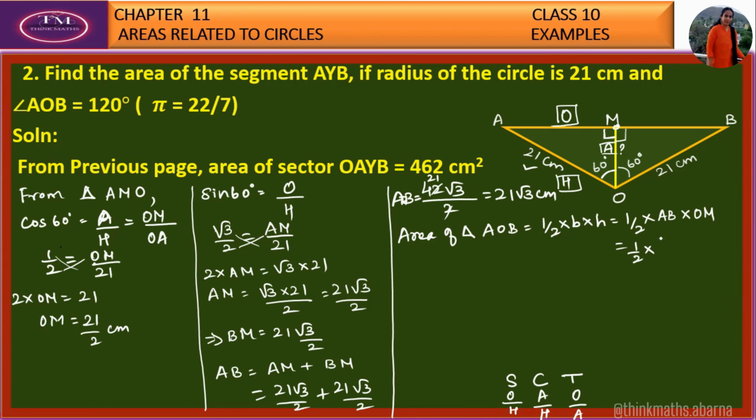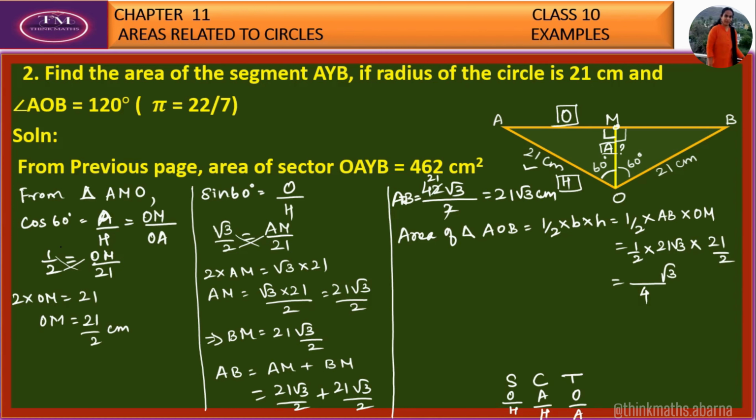AB is 21 root 3, OM is 21 by 2. We cannot cancel anything here. So we have 2 into 2 in the denominator. So it is 4. In the numerator, we have 21 root 3.